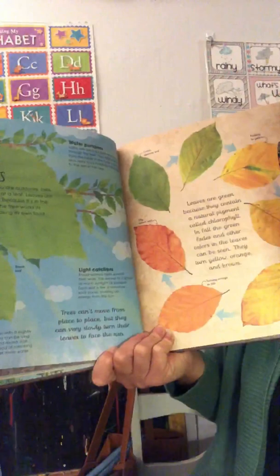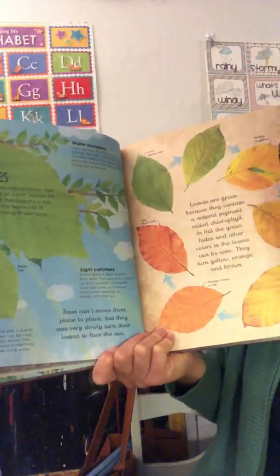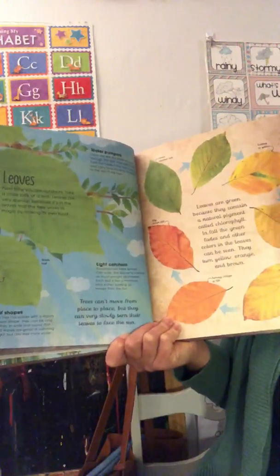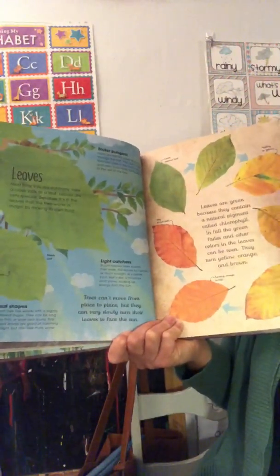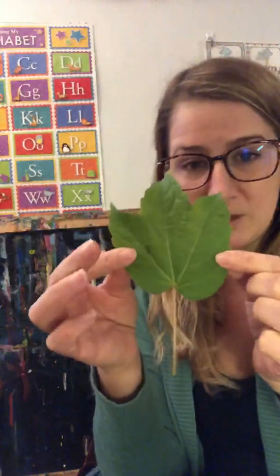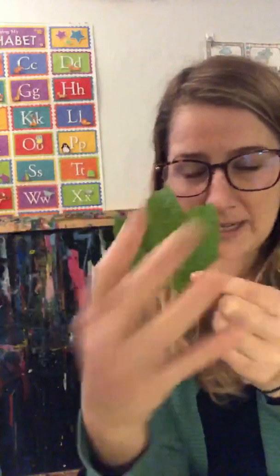Broad-leaved trees spread their wide, flat leaves to capture as much sunlight as possible. Each leaf is like a miniature solar panel soaking up energy from the sun. So you'll notice some leaves on some trees the book described them as broad-leaved. So that means that it's a wide leaf.